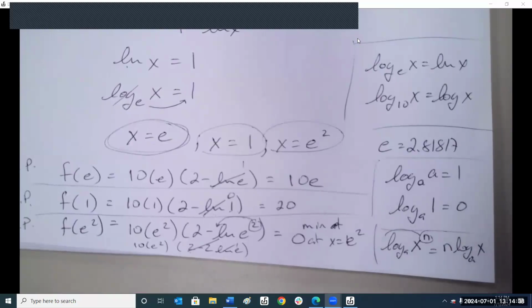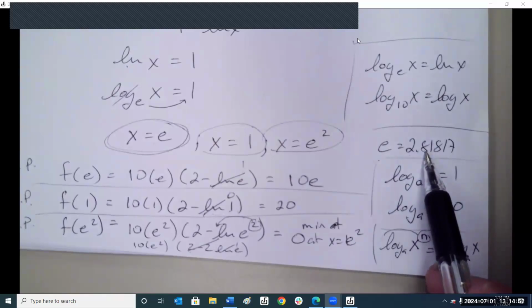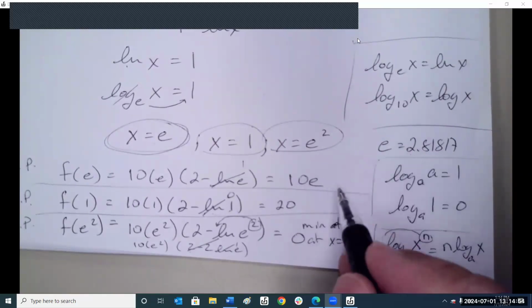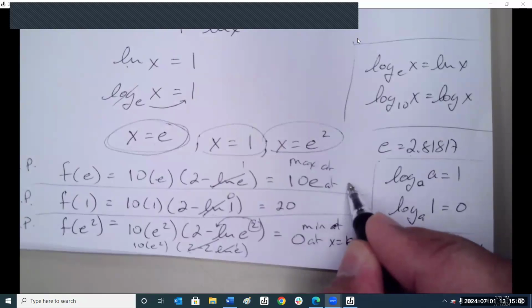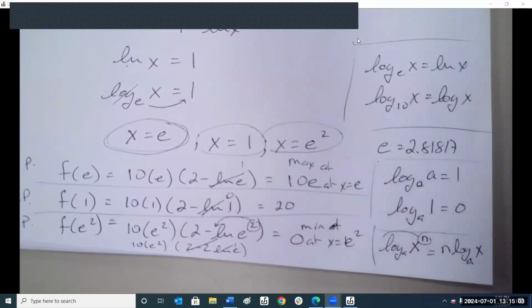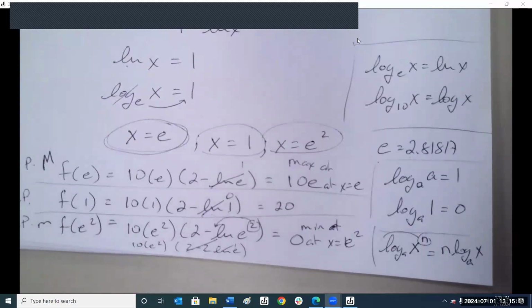So where's our max? 10 or 20? No, it's 10e, because e is 2.8, and 2.8 times 10 is 28. So we have a max at x equals e. So this is our max, this is our min. Pretty easy. I don't say easy, but doable.